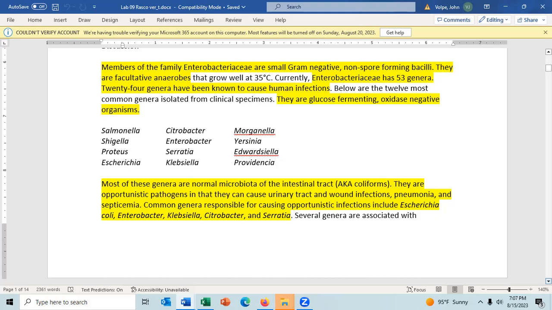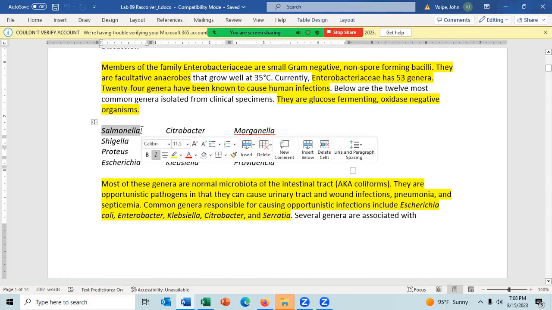And here we see some of the genera in this family. Most of these genera are normal microbiota of the intestinal tract, aka coliforms, although Salmonella is not normally within the human intestines, but it is in the intestines normally of birds.